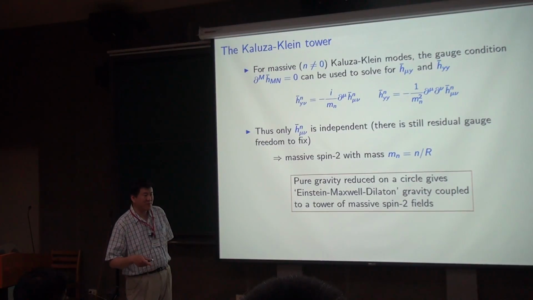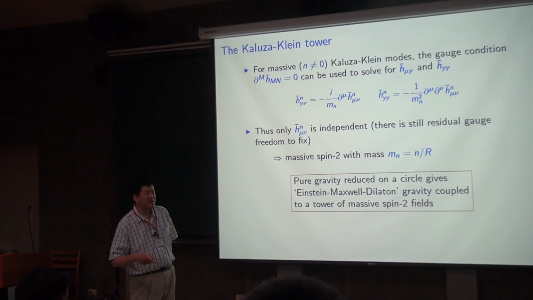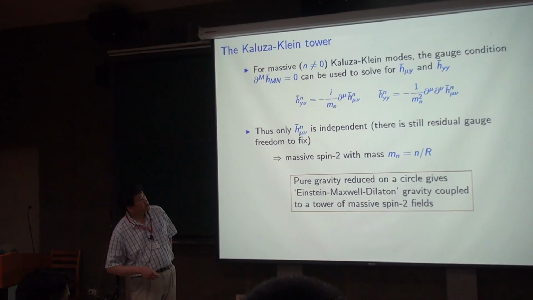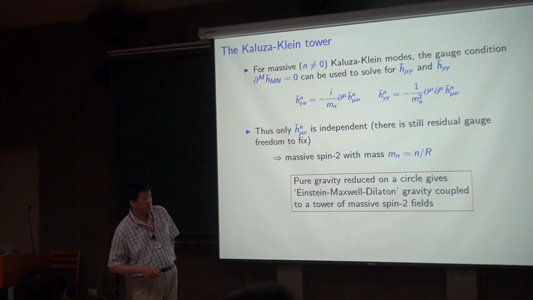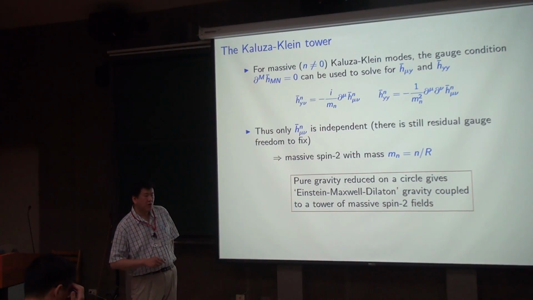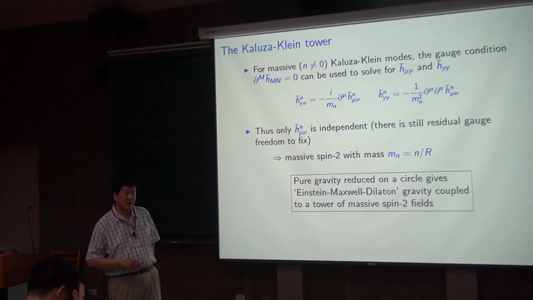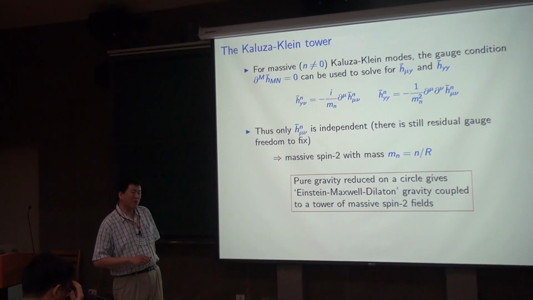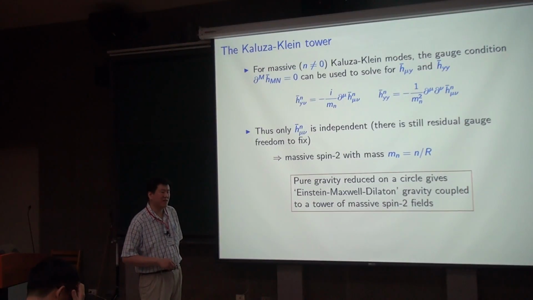What do you mean by 5-dimensional diffeomorphisms? Reparameterization of y. That. Well, I restrict myself to zero modes, which is the zero-mode sector over here. Then I more or less removed y, and so that's a subset of 5-dimensional diffeomorphism. So it's not the full thing. I think that's correct.